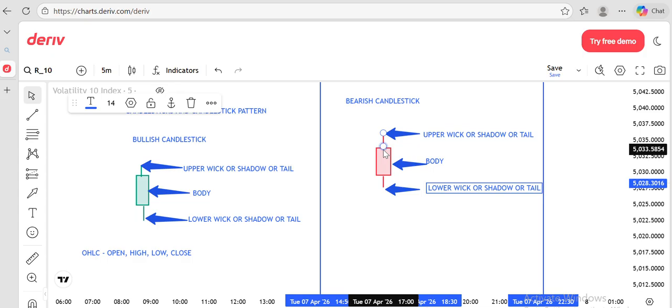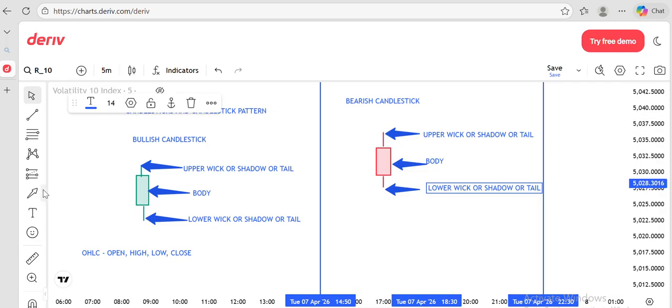Then the sellers start having a great time with the market, selling down, and they push price down to this price point. Then buyers push it back, and at the end of the particular time frame, the market closed here. So we have the low, the close, the open, and the high.